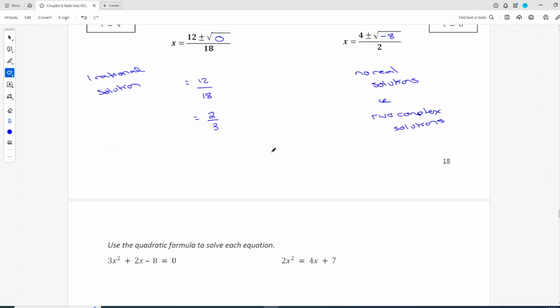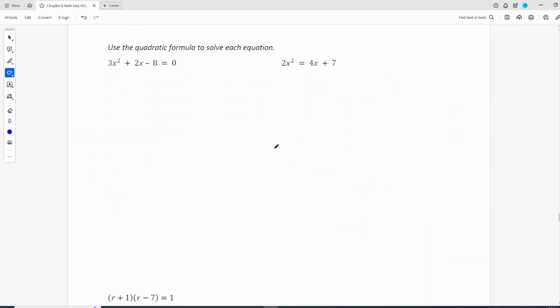Okay. So let's practice. We're going to do 3 from scratch with the quadratic formula right from the beginning. So for this one, I want you to pull off a is 3, b is 2, c is -8. And then I highly recommend start off by writing the literal formula. x equals -b plus or minus the square root of b squared minus 4ac, all over 2a.